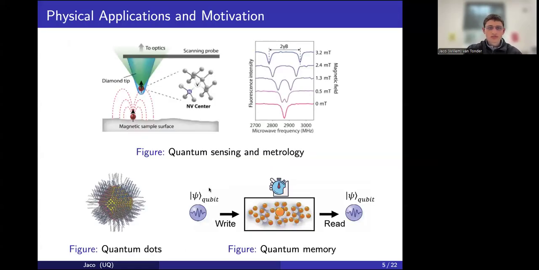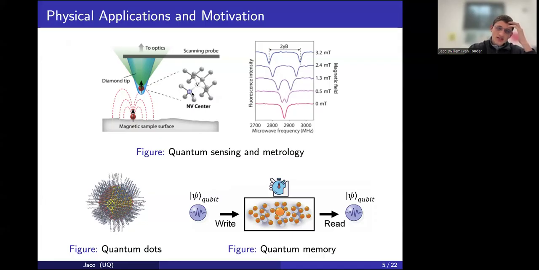Now, onto some physical applications and the motivation for the model. One example of a system which it describes is a nitrogen vacancy center. Here we have a diamond lattice, consisting of carbon atoms, and then we take out one carbon atom, which gives us our vacancy, and then the neighboring carbon atom is replaced by a nitrogen atom, giving us our NV center.